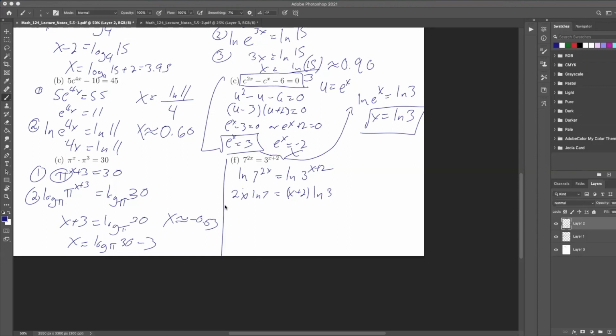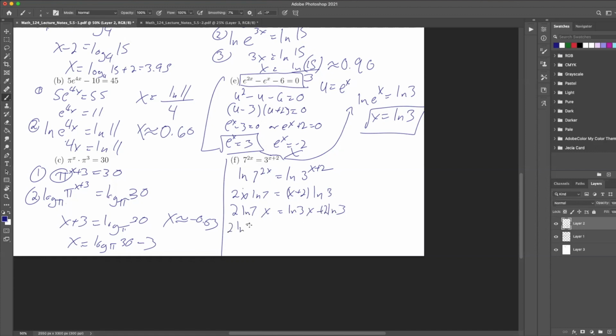And how do we do that? Well, we'll just distribute it in. So here I'll have 2 ln of 7 times x is equal to ln of 3 times x plus 2 ln of 3. I'm just distributing this over, and I'm putting all the constants together. Then I have x on this side and x on this side, so I'm going to just subtract.